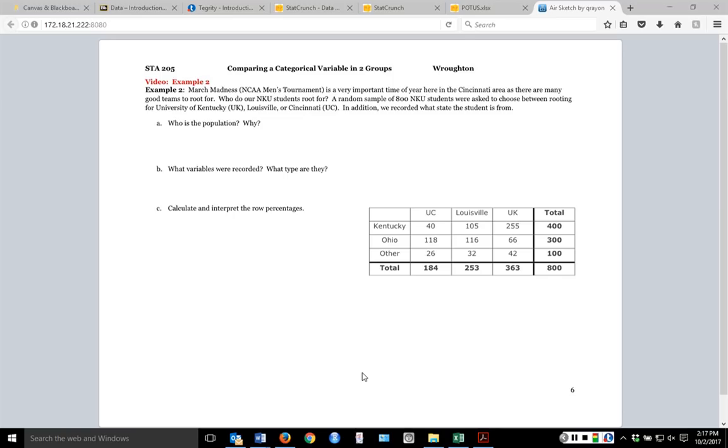So let's talk about who the population is, do some old stuff here first as well. So we're looking at just NKU students. We're wanting to see who they root for, but do you think location has anything to do with who you root for? So geographic location probably impacts that, so we do have to be specific and say NKU students.